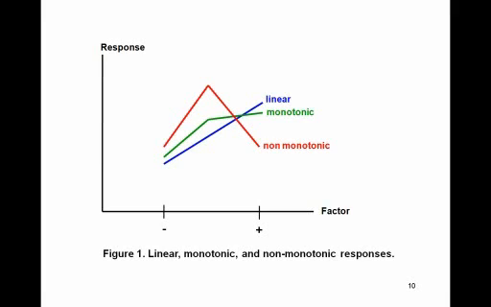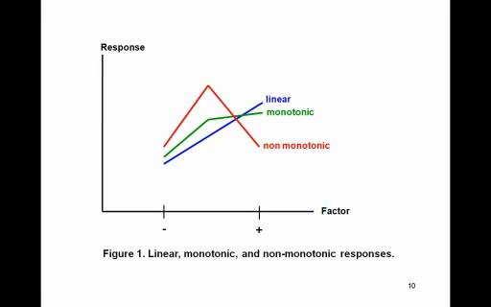And ideally, we would hope that as we move the factor over the range minus to plus, the response would increase in a linear manner, either with a positive slope or negative slope. In general, though, we will be okay if we have monotonicity as indicated by the green line. One thing we don't want to have, though, is a non-monotonic response as we move over the range.